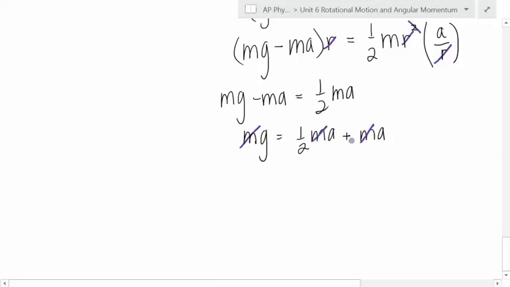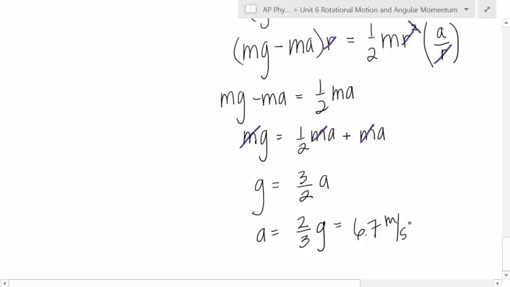Sweet little question, huh? So then G is equal to 3/2 A. So A is equal to 2/3 the acceleration due to gravity. Which, if you use 10, you get about 6.7 meters per second squared.